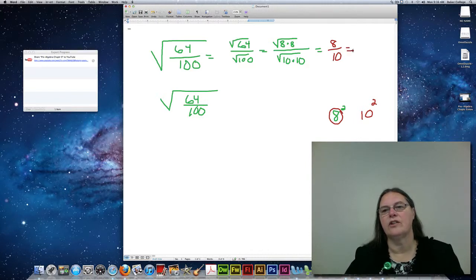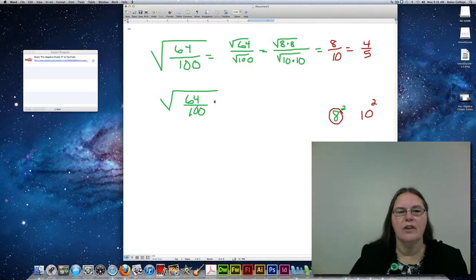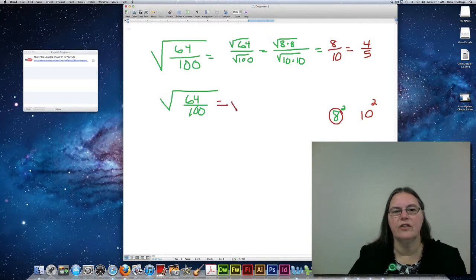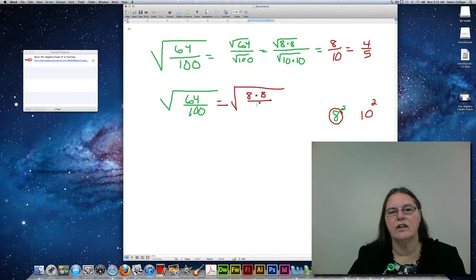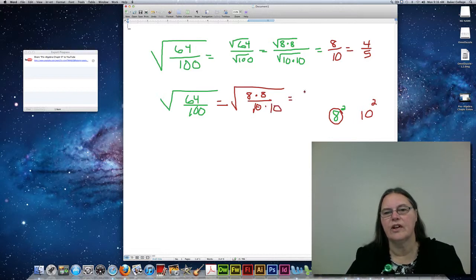And then in order to finish this, we have to reduce it. Half of 8 is 4, and half of 10 is 5. So this is the same thing, it's just that we leave the symbol over the whole thing. We have 8 over 8 times 8 over the 10 times the 10, which equals the 8 over the 10, which reduced to our 4/5.